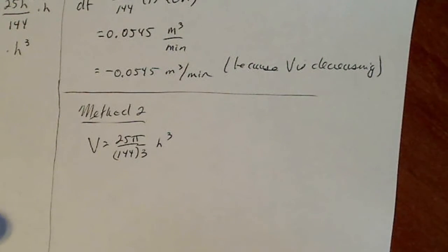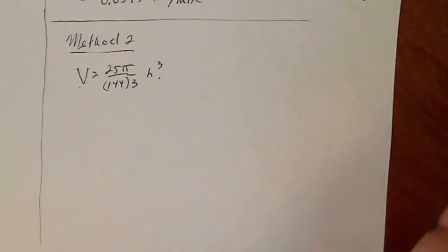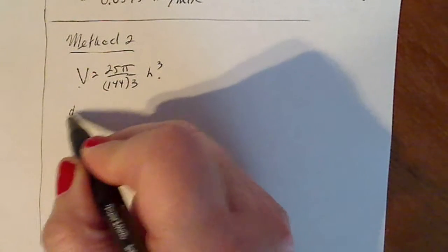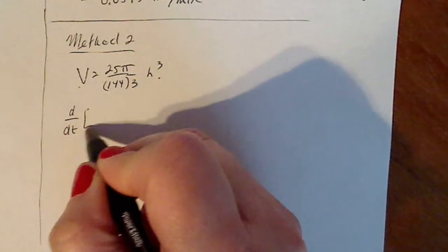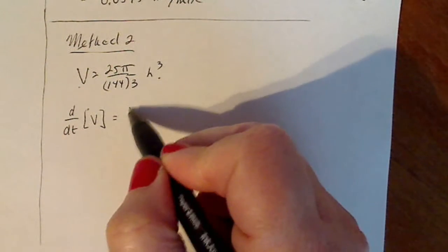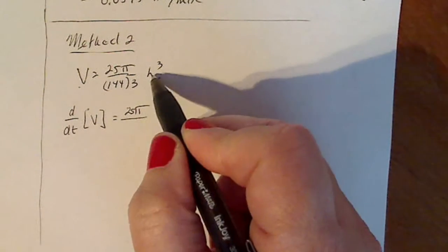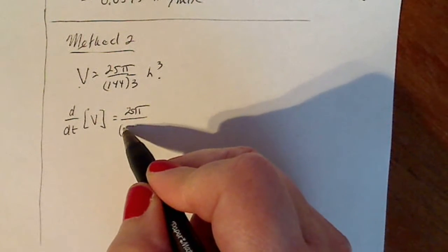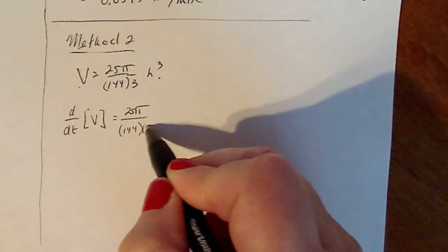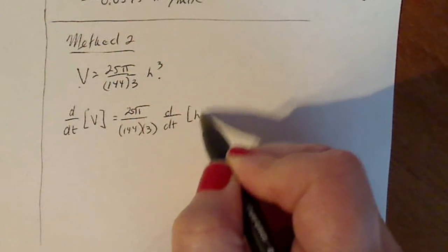So if I'm looking for dV/dt, the implicit differentiation will say, well, now that I have this direct relationship here, I'm just going to take the derivative of both sides with respect to t. So the derivative with respect to t of V equals, now since that's a constant, I don't have to worry about taking the derivative of it because it's multiplied by that number there. So 25 pi over 144 times 3, times the derivative with respect to t of h cubed.